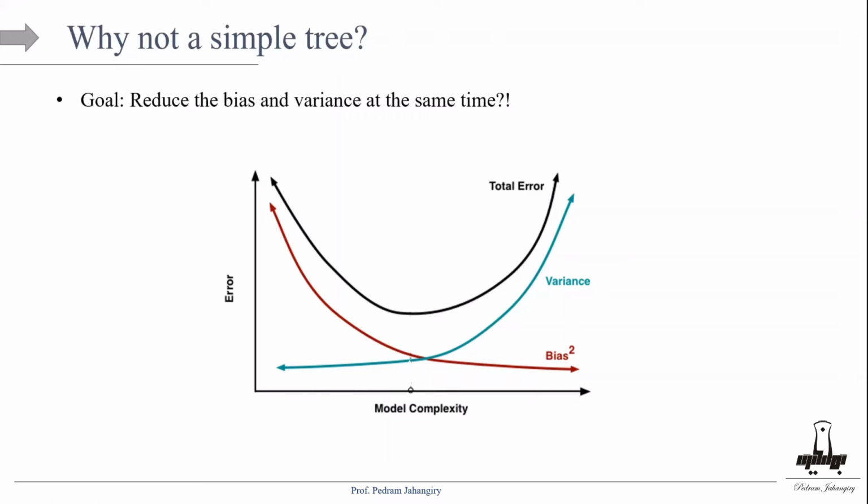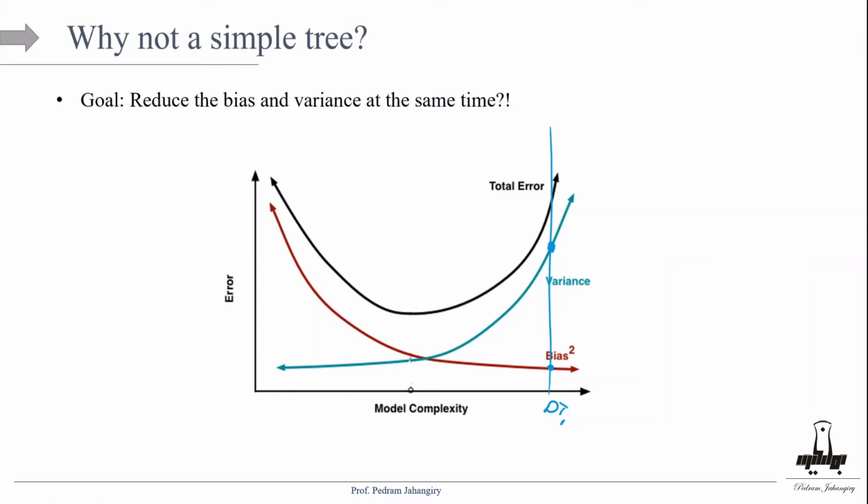We said, let's start with a very bushy tree. Let's call it decision tree 1. We start with a very bushy tree because the bias is going to be small, but unfortunately, this very bushy tree is going to overfit the train set, and then it's going to perform very poorly in the test set.